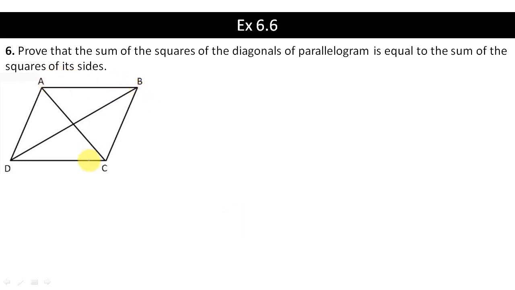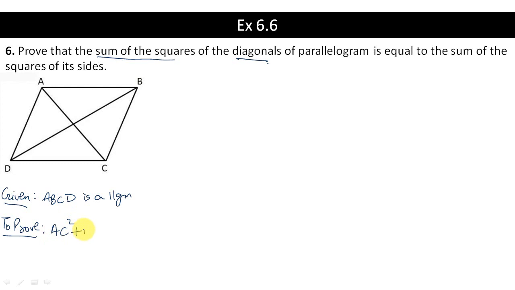So we are given that ABCD is a parallelogram, and we have to prove that the sum of the squares of the diagonals, that is AC square plus BD square, is equal to the sum of the squares of the sides, that is AB square plus BC square plus CD square plus DA square.